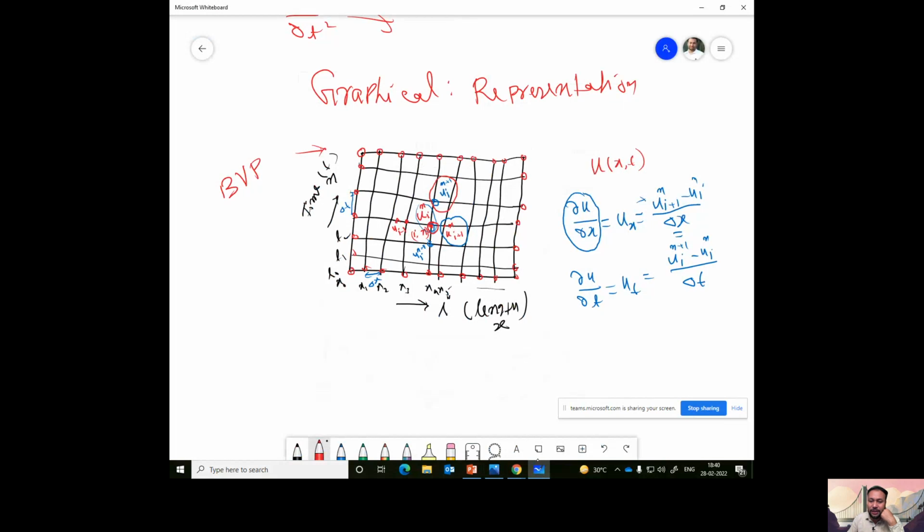If the values of the function are given at the initial level, then we can also get initial value problems. Okay, so I hope you have understood how we can discretize a given continuous function into discrete form with the help of the finite difference technique.